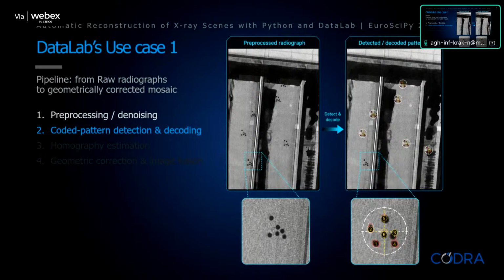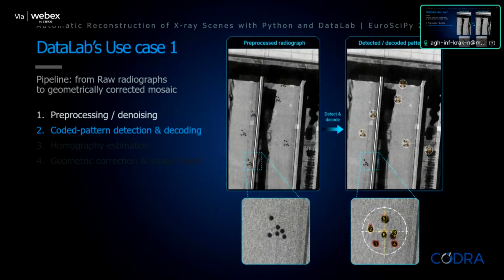So the second step is to detect coded patterns and to decode them. So we use the denoised sub-image, and we use some algorithm to detect the metallic balls that you see here.